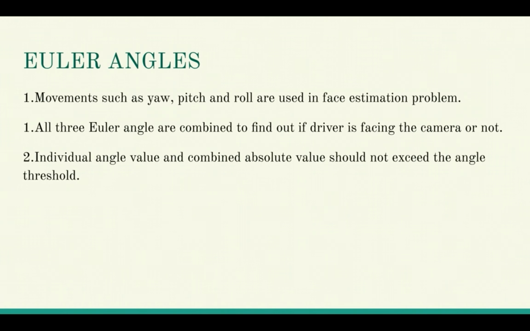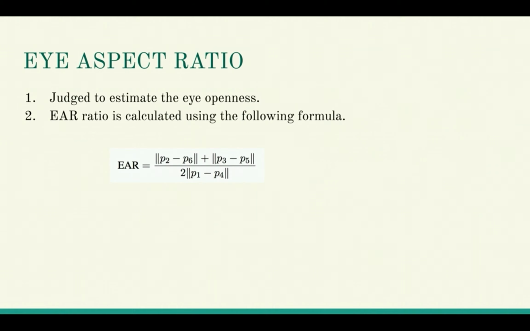The Euler angles are calculated to detect whether the driver is facing the camera or not. There are three movements which can be detected using the Euler angles. Finally, the absolute value of all three angles is taken, and the individual values are also compared to a threshold, and the total absolute value is also compared, to determine whether the driver is facing the camera or not.